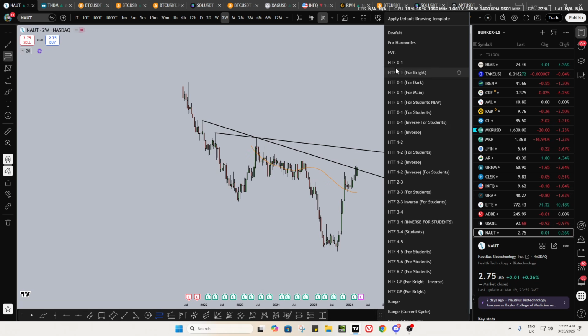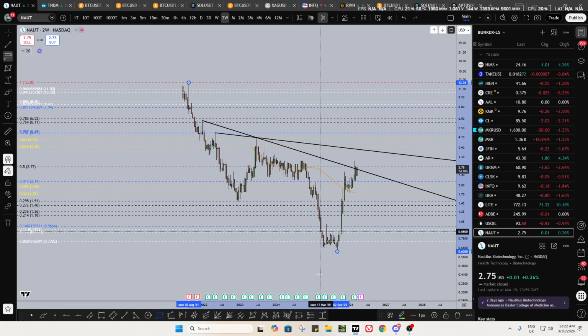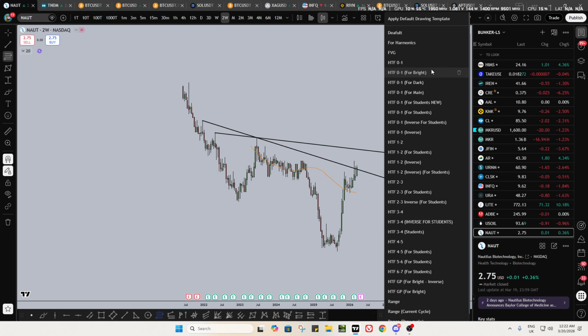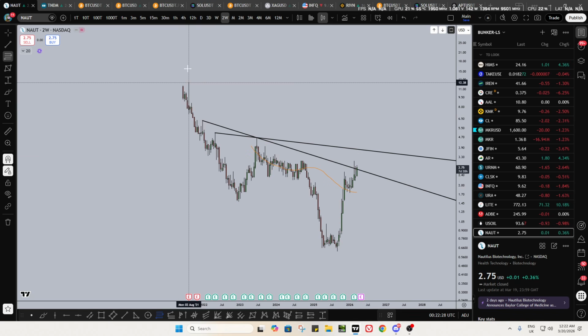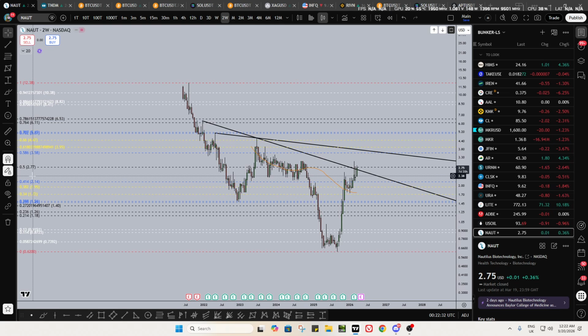Another thing is, of course, smack bang at the 0.5, golden pocket back into support.